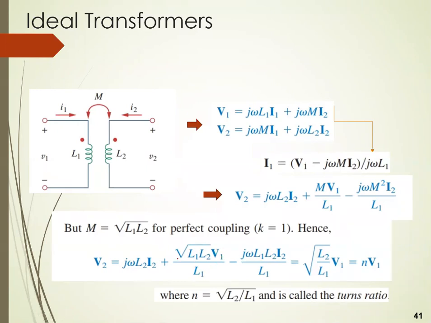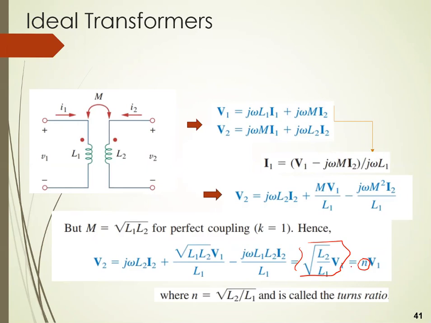If we multiply both sides by the square root of L1, then you end up with this expression. And we call this ratio, the square root of inductance 2 over inductance 1, N, and we call that the turns ratio.